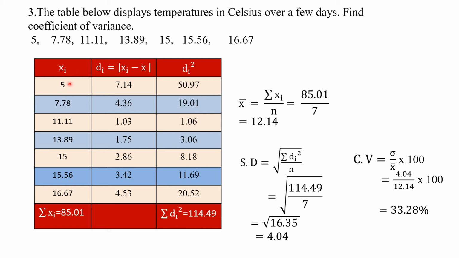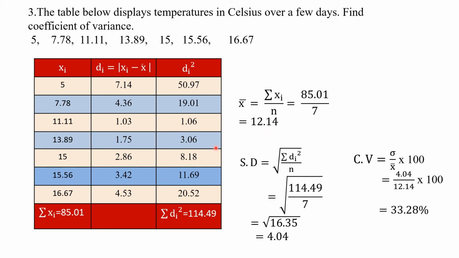We'll write them in the first column of xi, which when added gives us summation xi as 85.01. Then let us find x bar, which is equal to summation xi upon n, that is equal to 85.01 upon n. Let us see how many observations: 1, 2, 3, 4, 5, 6, 7. So n is equal to 7. So we get x bar as 12.14.